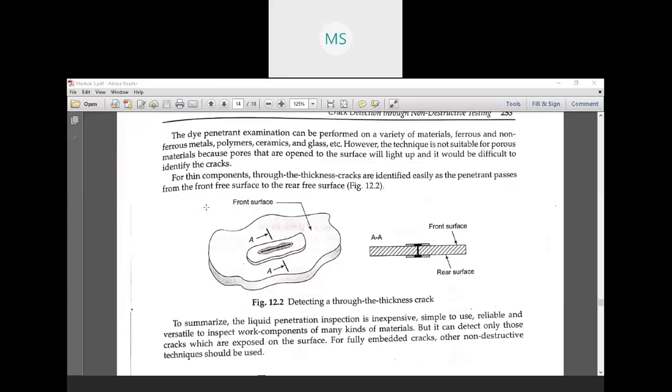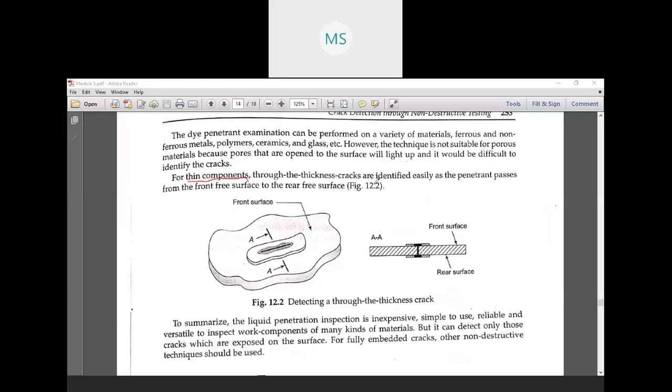So it can be used for any kind of material, but it is not suitable for porous materials, because porous materials already have an open surface, and it would be difficult to identify the crack. Keep in mind this is only for thin components.